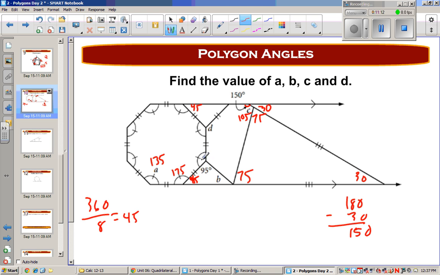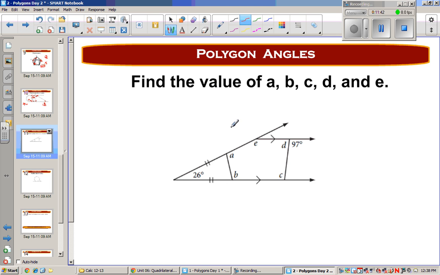But this is not isosceles, so I can add these two up, 95 plus 45, and subtract from 180, and I would get 40 for B. This is an isosceles triangle, so if that's 45, this is 45, and that is 90. So I can take 90 plus 135 and subtract it from 360, because all of these add up to 360. And this one will also be 135.